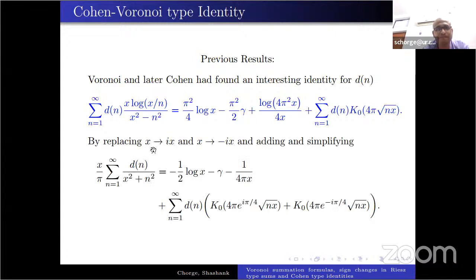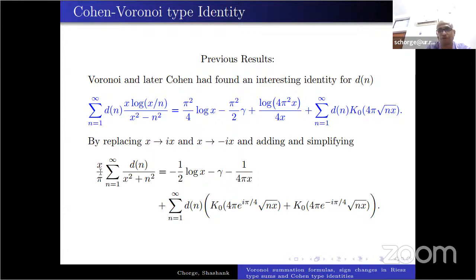And if we replace x by ix in the original identity, and x by minus ix, and then add and simplify, basically some elementary algebraic operations, we get the following identity at the bottom of the page. Now, this identity is interesting because on the left-hand side, we have an infinite series such that its residues at the complex natural numbers are nothing but d of n.